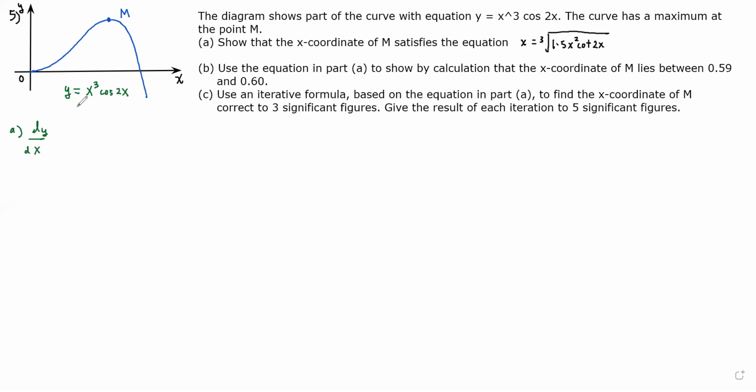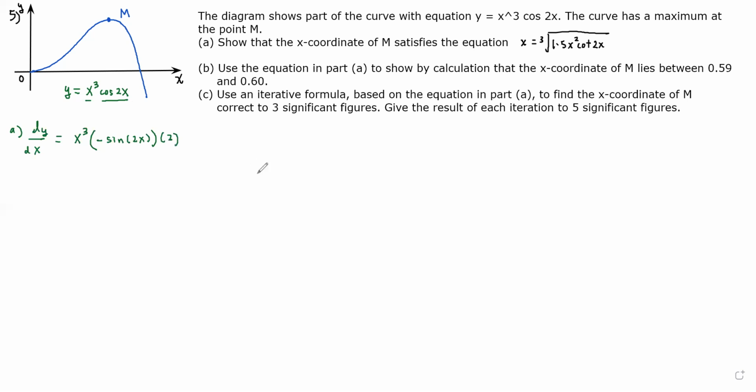Since y is the product of two functions, one is x cubed and the other one is a trig function, we need to apply the product rule. Applying the product rule, we hold x cubed and differentiate cos 2x. The derivative of cos is negative sine, and then we need to apply the chain rule to differentiate the inner function, which is 2x.